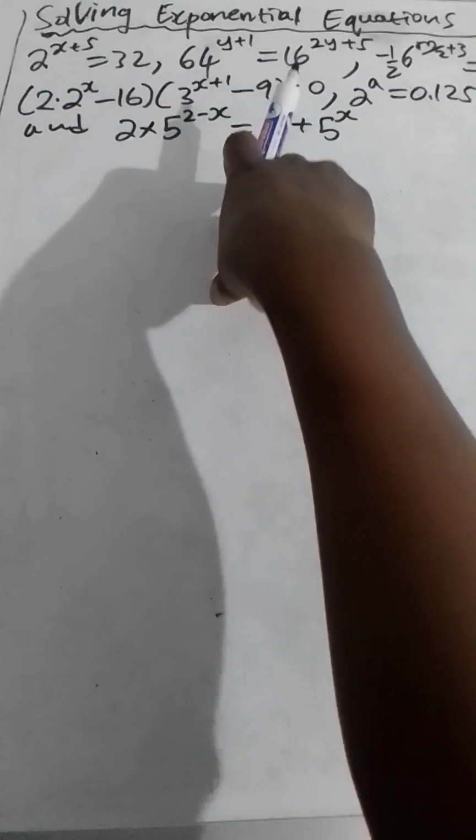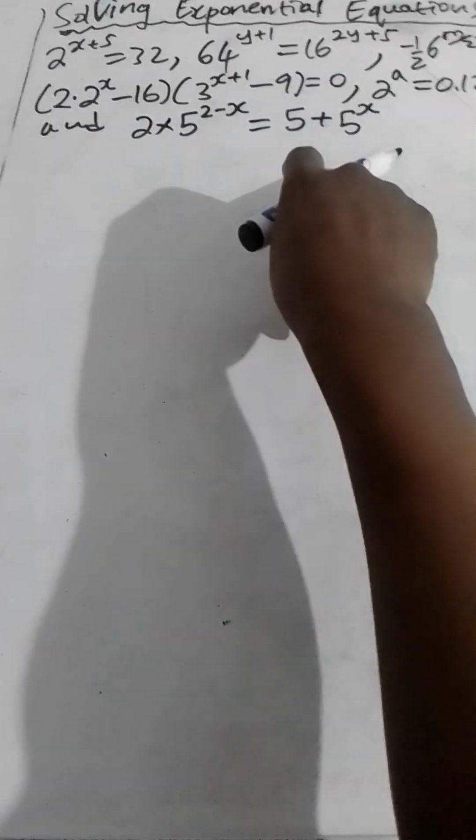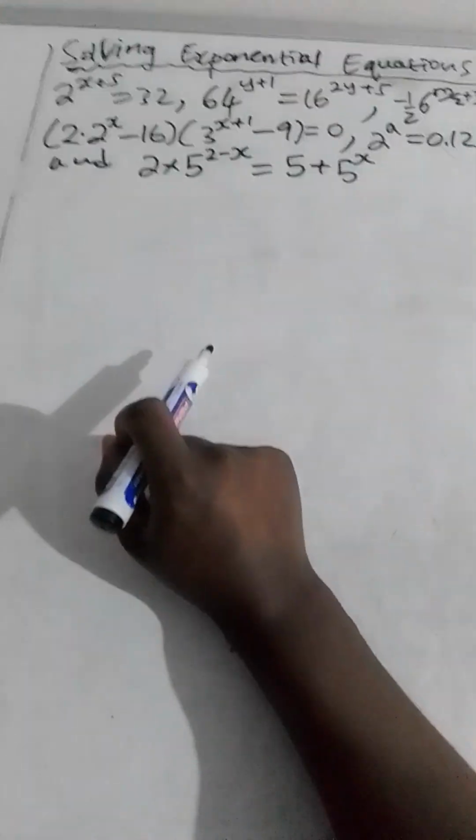Or if two powers are equal and their exponents are equal, then the bases should be equal. The most important is the first one. So let's see the first equation: 2 to the exponent x plus 5 is equal to 32.